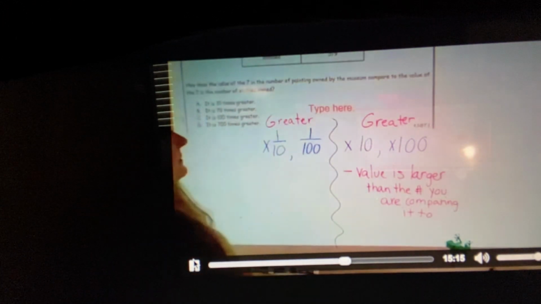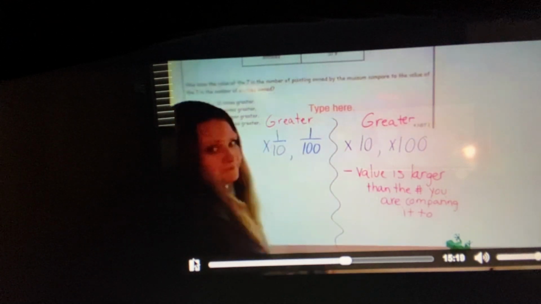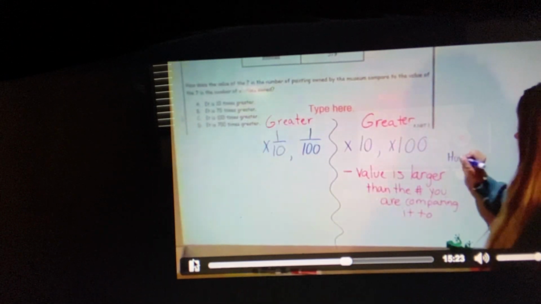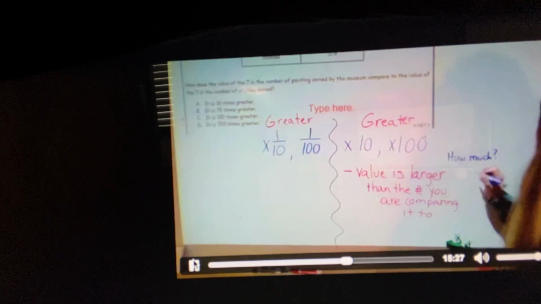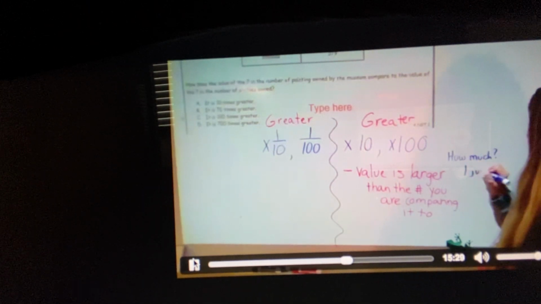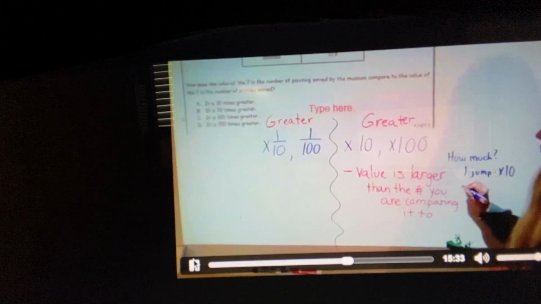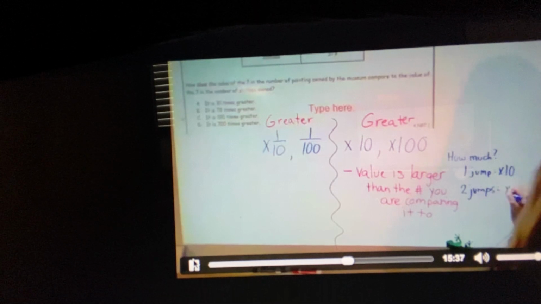Just look at the 7, the value of the number you're looking at. How much greater? That's where you get into your jumps. How much? One jump, times 10. Two jumps is times 100.